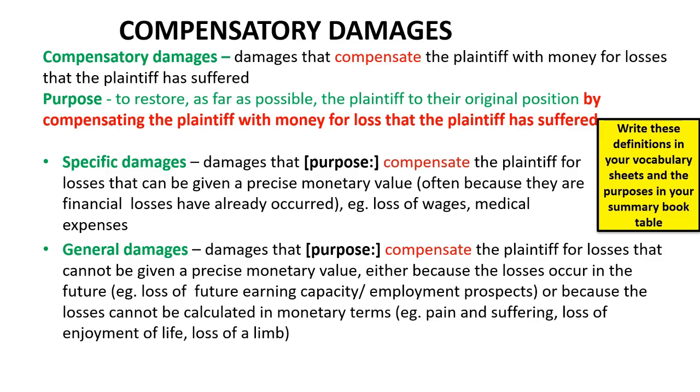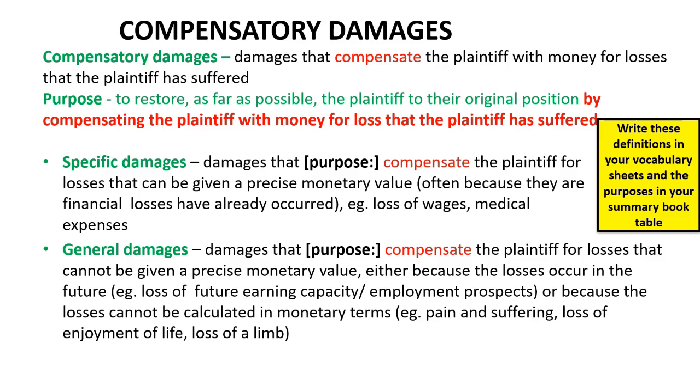Look down the left-hand side of your vocabulary sheets, find the term general damages and write this definition in there. The purpose of general damages is therefore to compensate the plaintiff for losses that cannot be given a precise monetary value, either because the losses occur in the future or because the losses cannot be calculated in monetary terms. Write this purpose in the middle column of your summary book table.